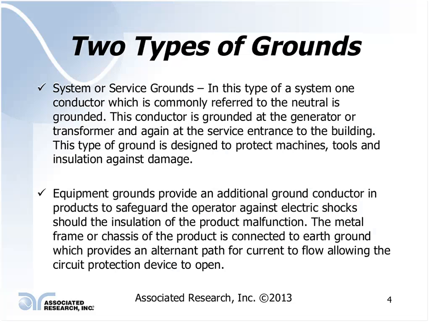When we're talking about grounds, we're really talking about two different types of grounds. There's a system or service ground, where you have one conductor, essentially the neutral, that is tied back to ground at the transformer or generator, essentially the service entrance into a building.